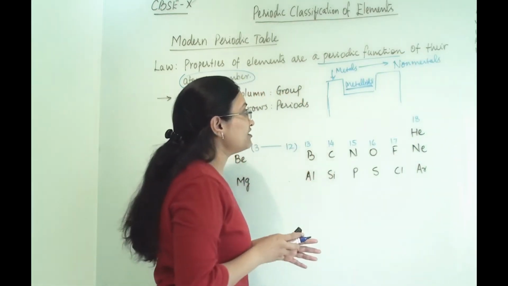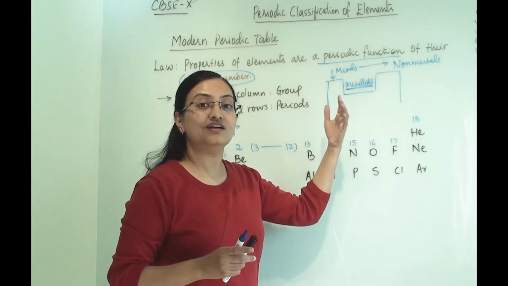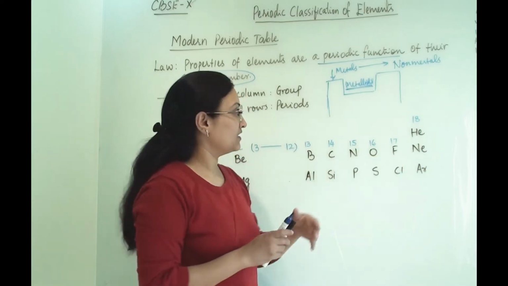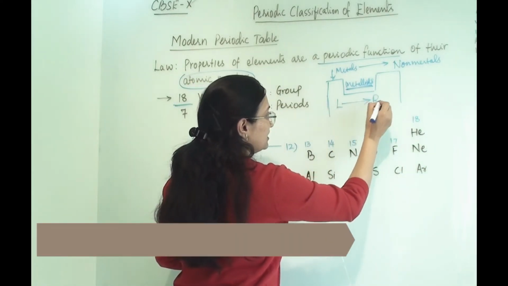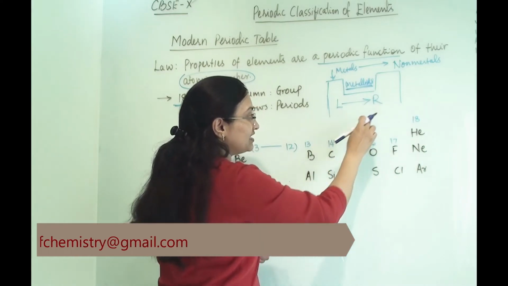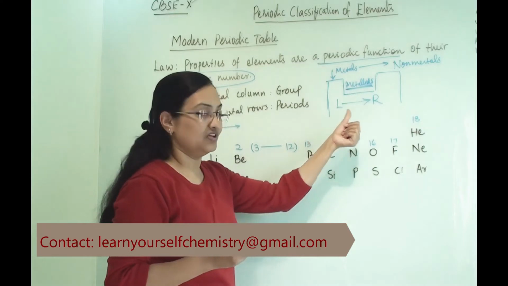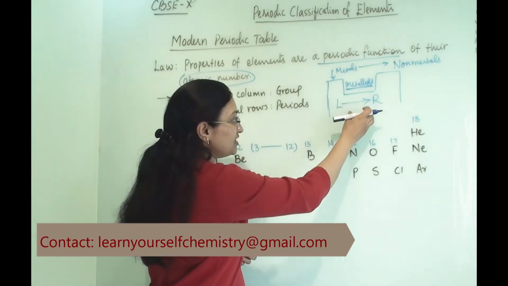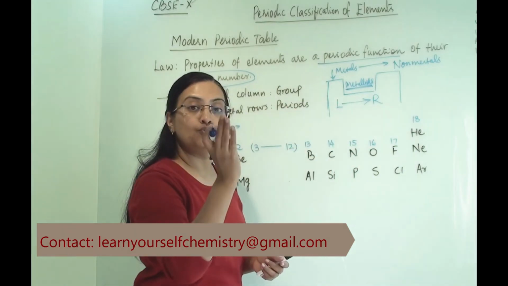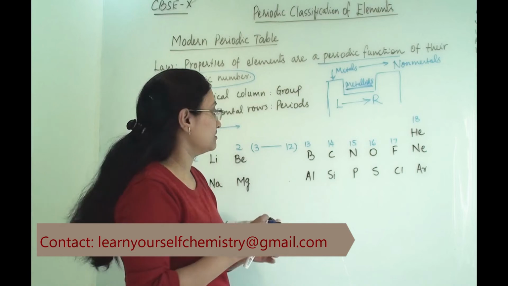As we go from left to right, the non-metal character of the elements increases, and if we go from right to left, the metallic character increases. So the elements in between show properties of both metals and non-metals.